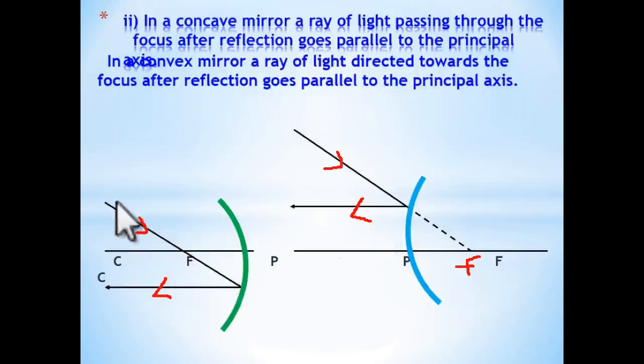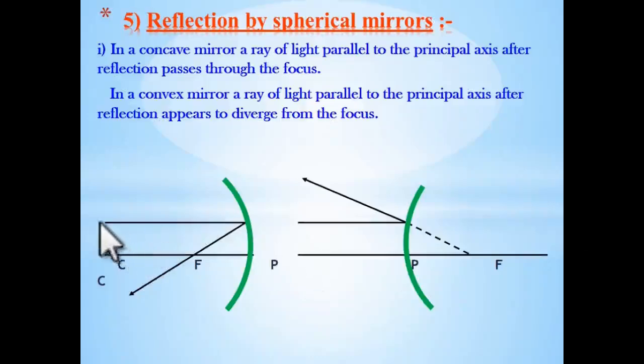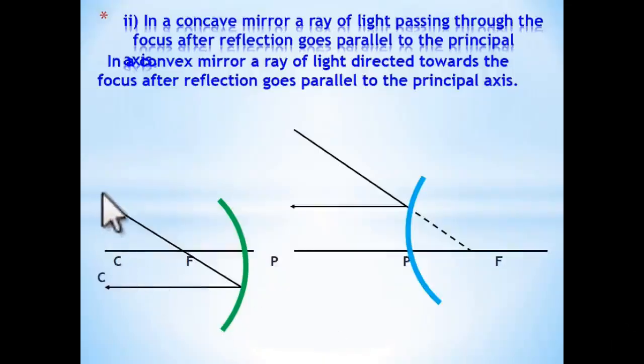So the first rule: the ray traveling parallel to the principal axis after reflection goes through F. The second rule: any ray going through the principal focus, after striking the mirror, reflects back and goes parallel to the principal axis.